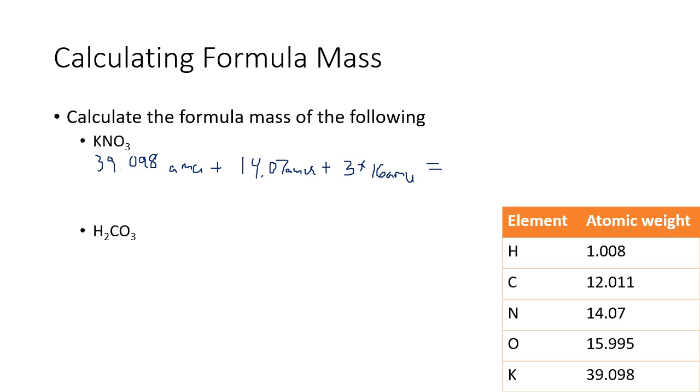All right, so if I add all of those together, 39.098 plus 14.07 plus 3 times 16, I get 101, and we're going to round it to the hundredths place, and I will get 17, and it's AMU, or atomic mass units.